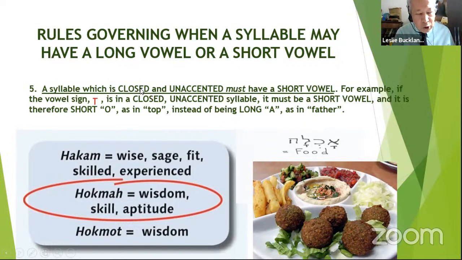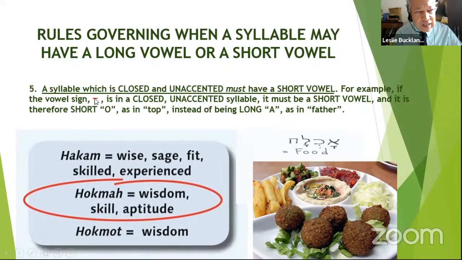So a syllable which is closed, consonant followed by vowel, followed by consonant, and is unaccented, there is no stress to be placed on that syllable, must have a short vowel. For example, the vowel sign, which normally we think of as long A, but remember, this sign is also found in the short vowels that we learned. We have seen that this is also the short O as in top.